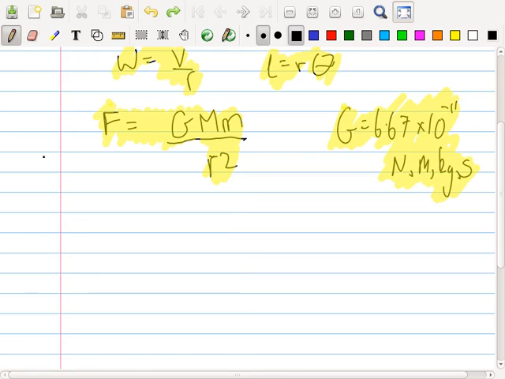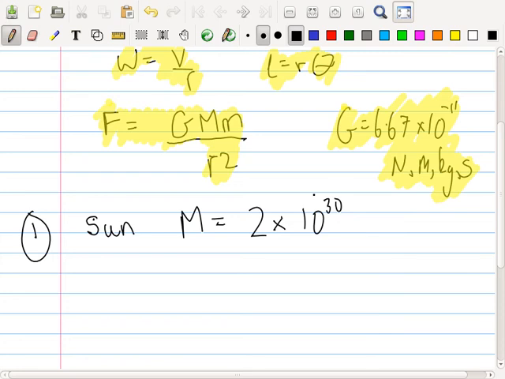Here's our first example. The mass of the Sun equals 2 times 10 to the 30 kg. The Earth moves in a circle, or nearly a circle, and the radius of the circle is about 1.5 times 10 to the 11 meters.